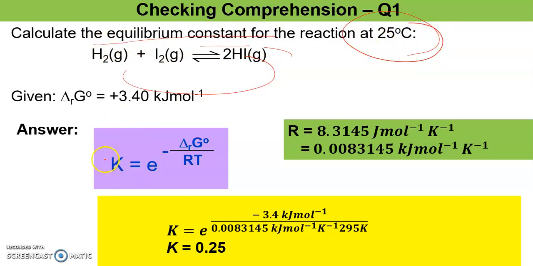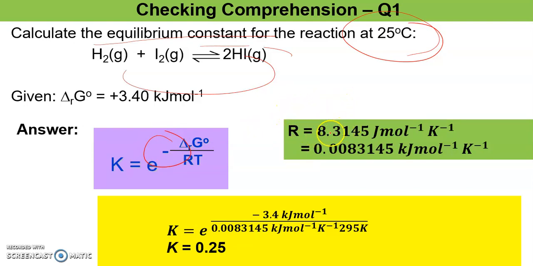So again, we have our formula K equal to exponential of minus delta Rg0 over RT. Don't forget this minus. And also we need to remember that R is our gas constant.